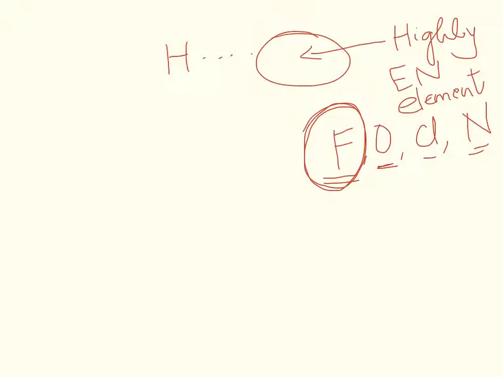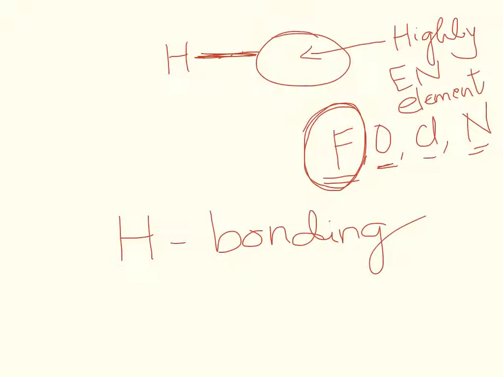So in a molecule where hydrogen is bonded to a highly electronegative element, there is another interactive force, and it's called hydrogen bonding. I'll take the example of ammonia. So ammonia is like this.